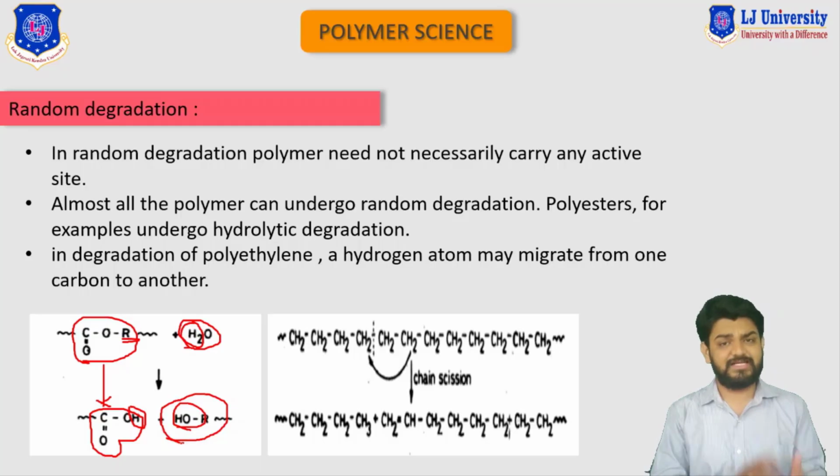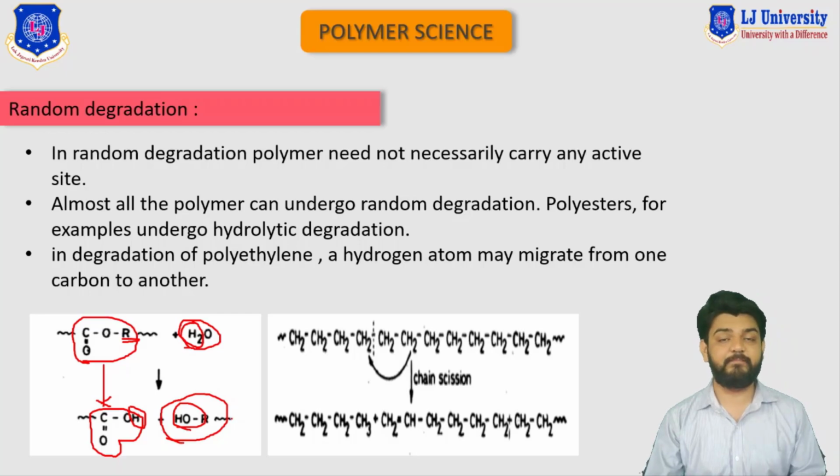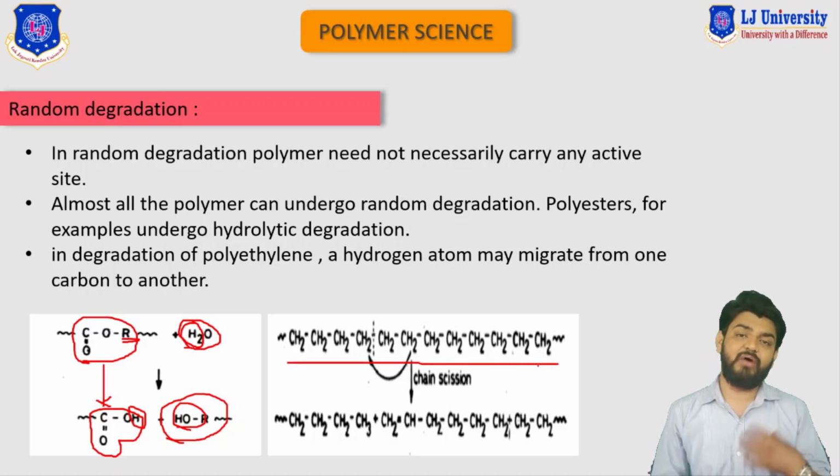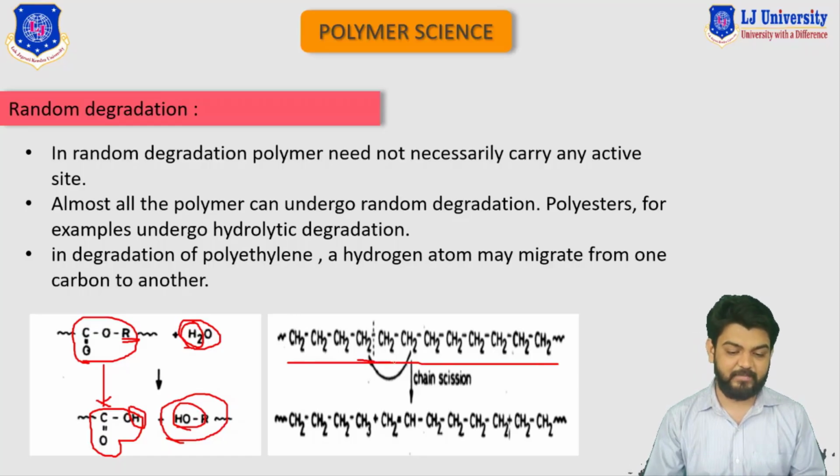Now let's understand one more example of the random degradation process, for polyethylene, right? Here I have a long chain of polyethylene like this. How does this polyethylene degrade in a random fashion? Let's focus on this particular carbon.